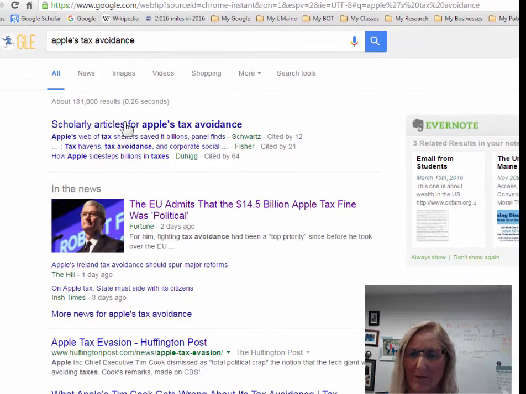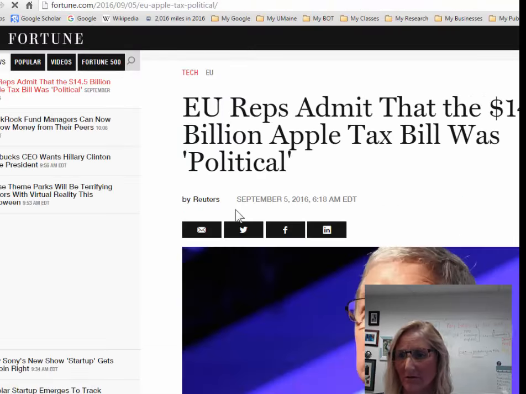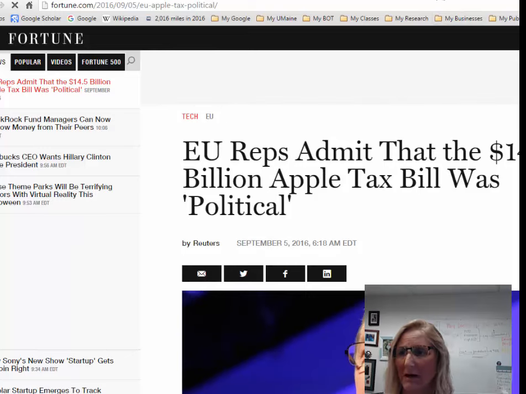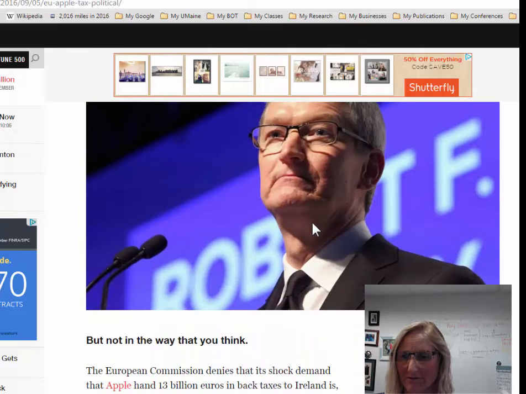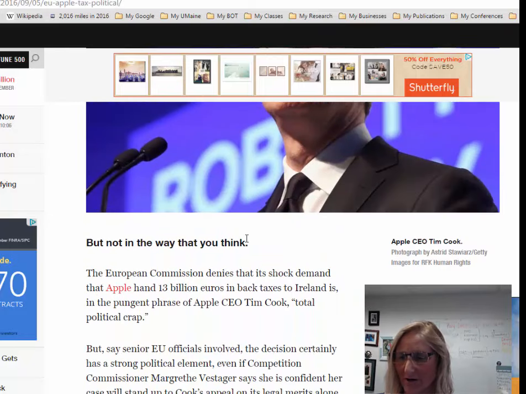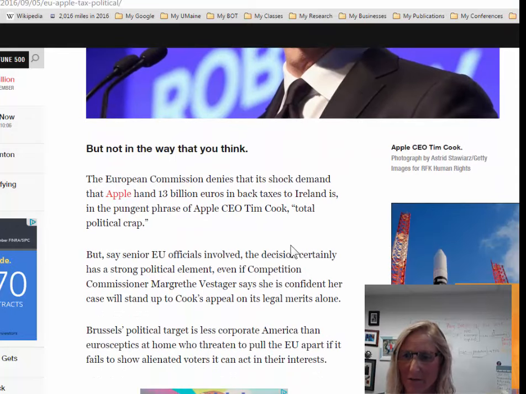I get the scholarly articles about Apple's tax avoidance, but I also get something in the news, and that's a little bit more what I'm looking for here initially. So I click on this, and I get this article about Apple and the tax bill and some of the stuff. Nice photograph there of the CEO. And then I go ahead and I read through this.